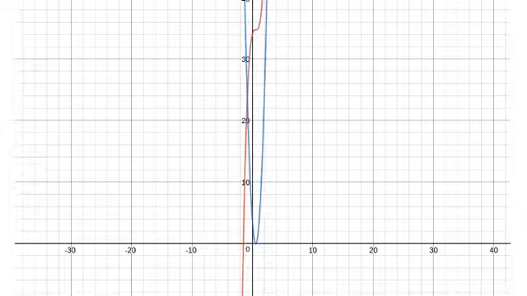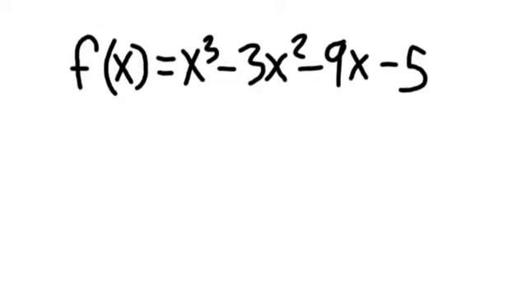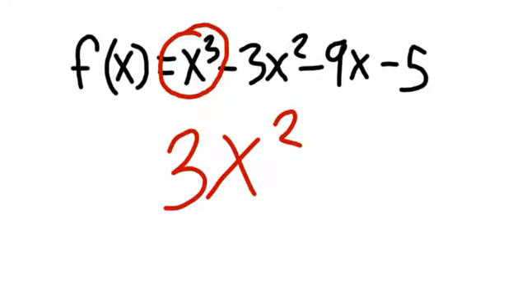Now, to see what we can do with the derivative, we're going to use a different function. Here we have f of x equals x cubed minus 3x squared minus 9x minus 5. So, x cubed gives us 3x squared.